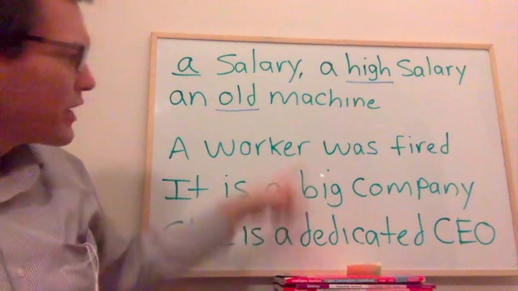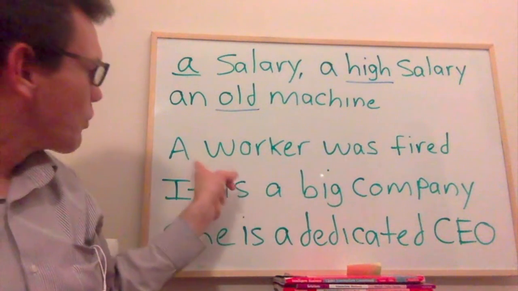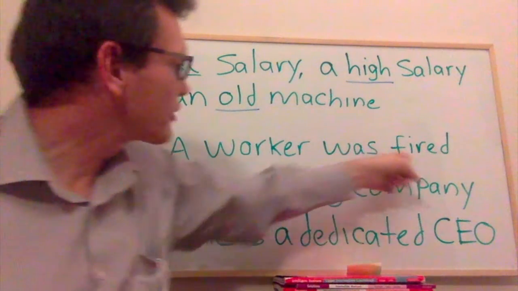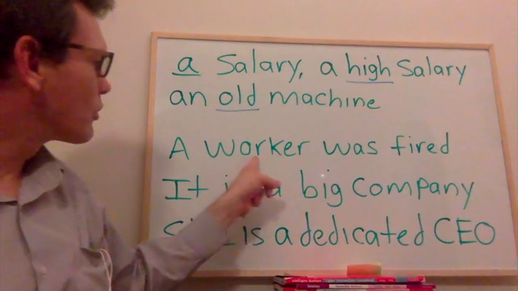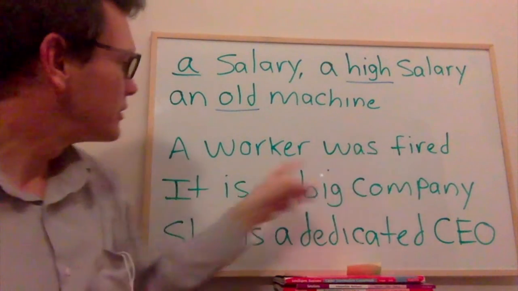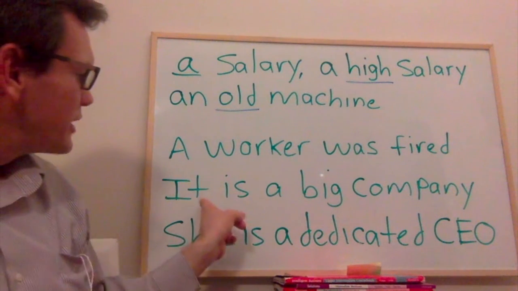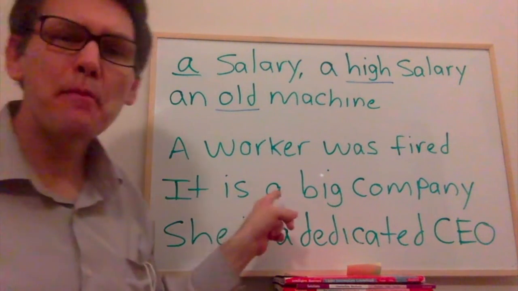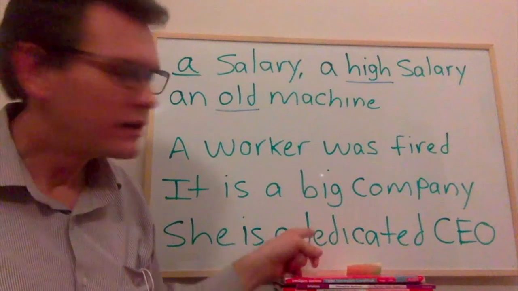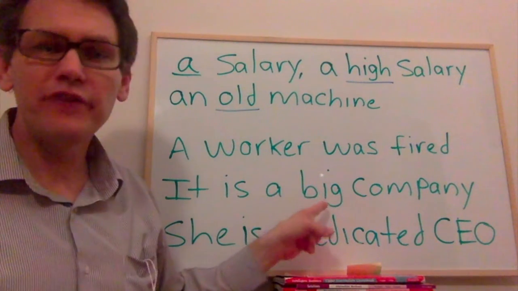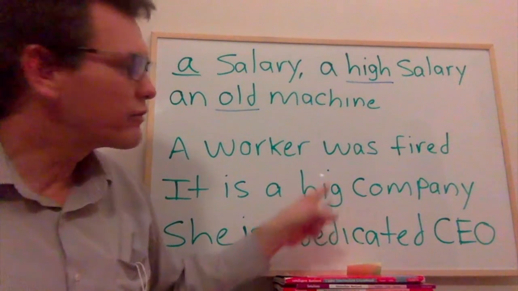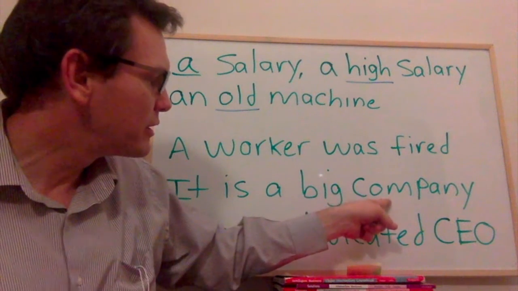Let's look at these three sentences here. A worker was fired. So one worker was fired. The next one, it is a big company. So big is the adjective here that modifies the singular noun company.